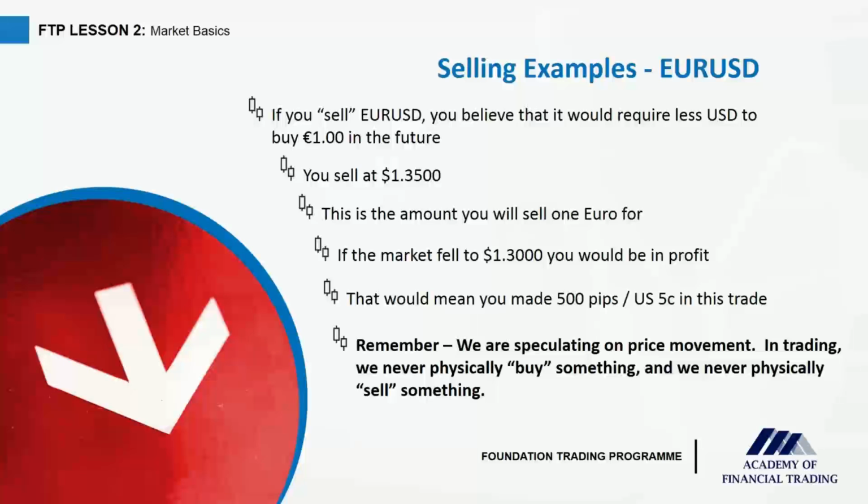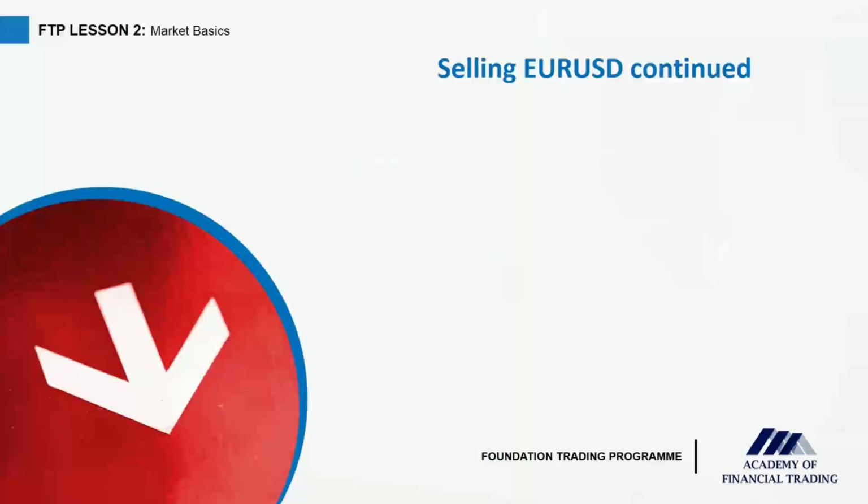All you are doing is speculating that the price will fall, and you're then hoping to profit from the difference. Okay? And again, this is an example that has worked in your favor. You sold at a high point, you bought back at a low point. Just like that market working in your favor, it can also work against you.